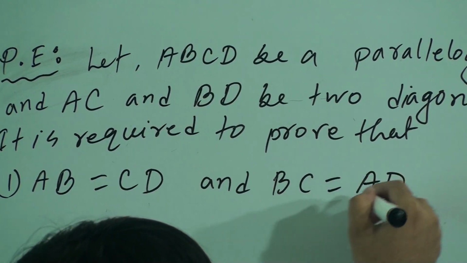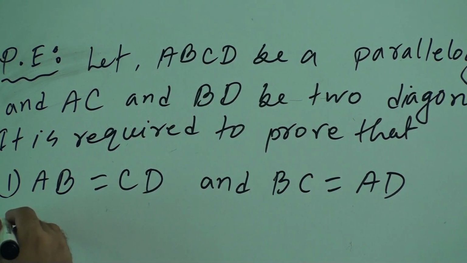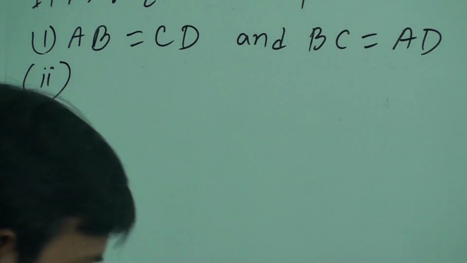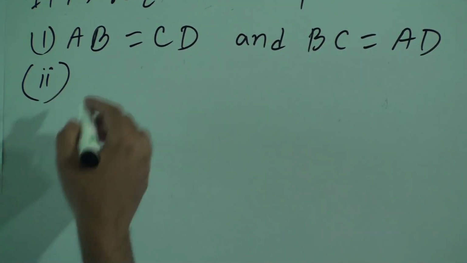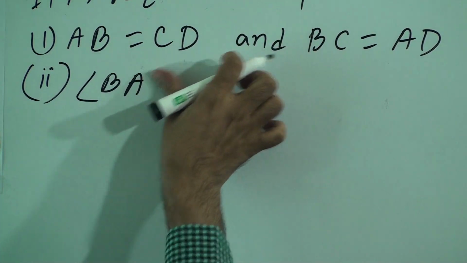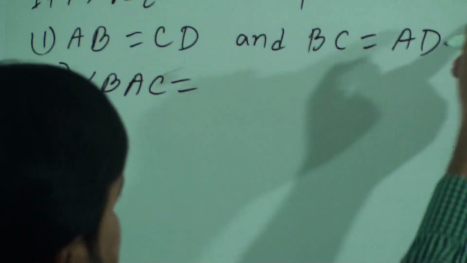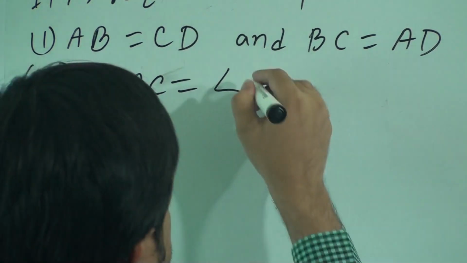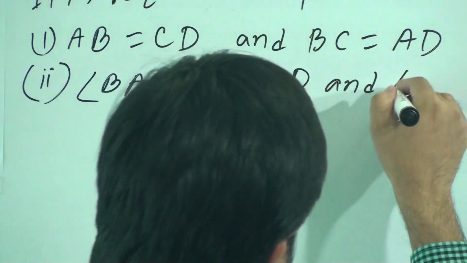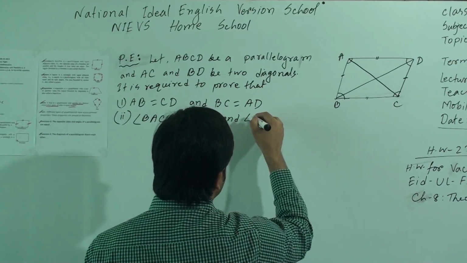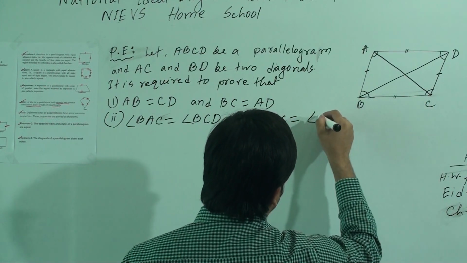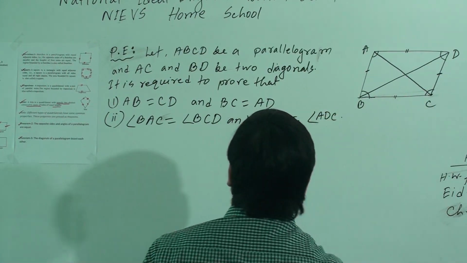This means opposite sides are equal, and in part 2 we have to show that opposite angles are also equal. So angle BAC, that is angle A, is equal to angle C, that is BCD, and we need to show angle ABC, that is angle B, is equal to angle ADC, that is angle D. We need to prove this.